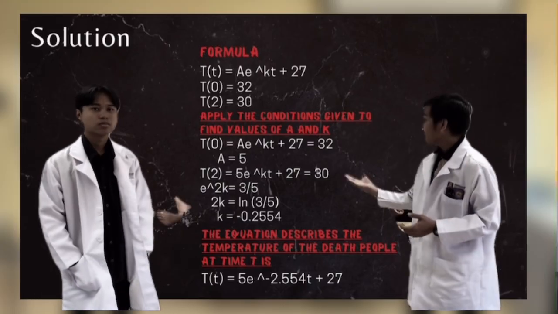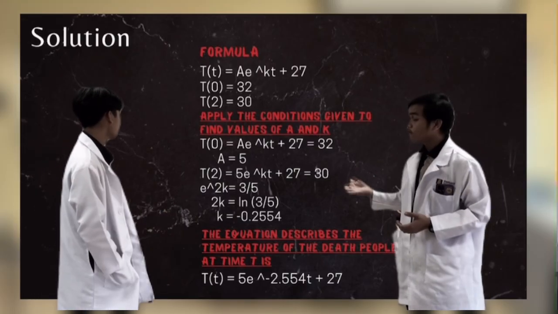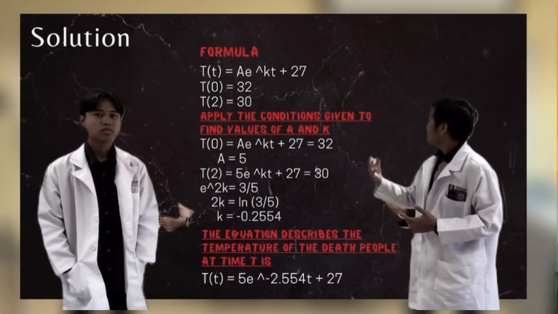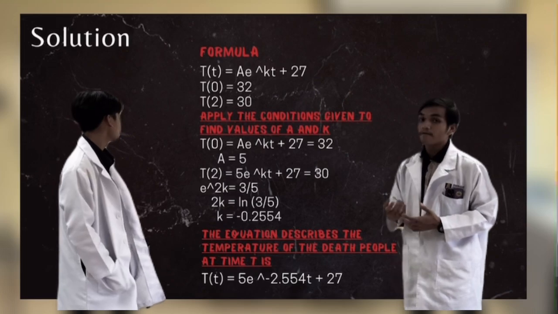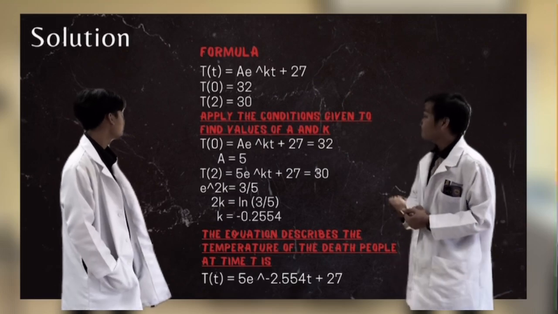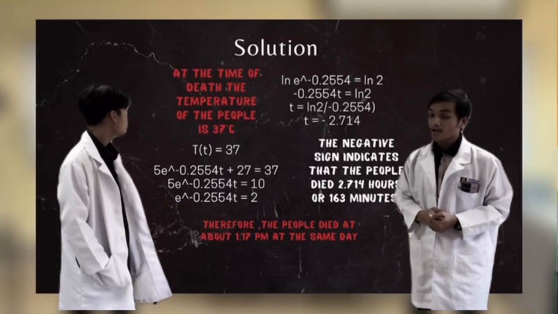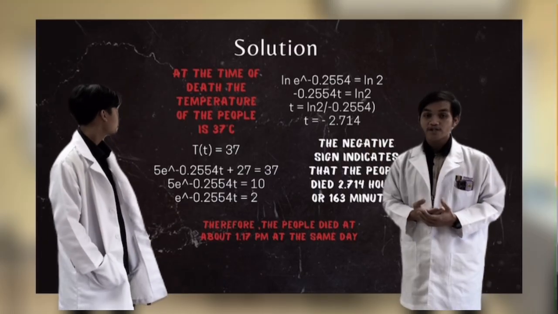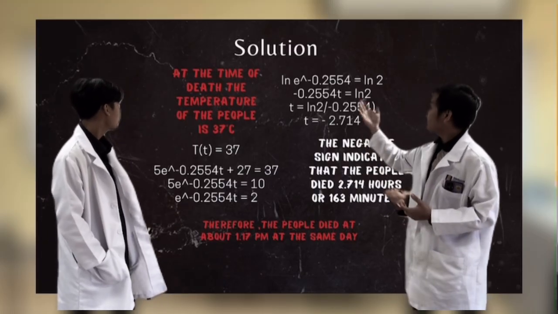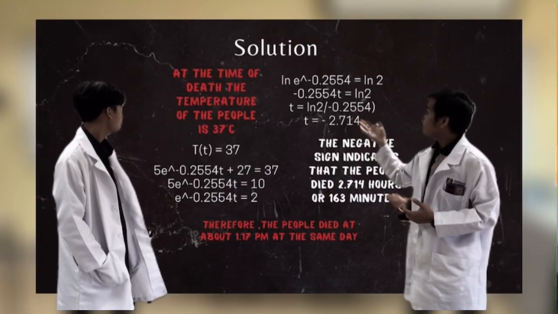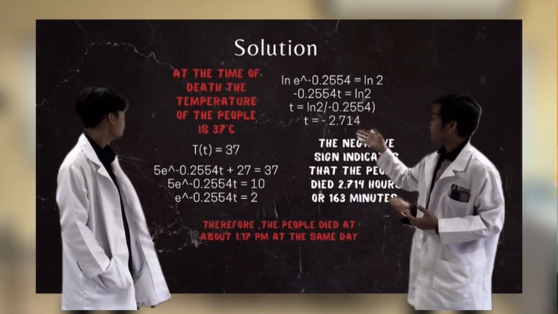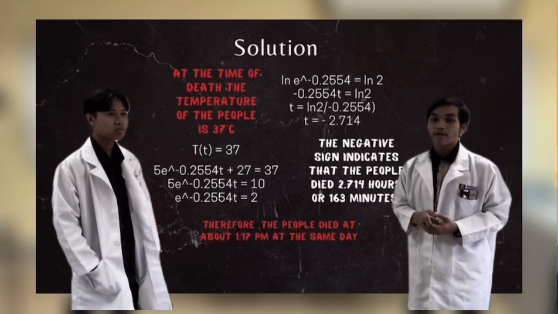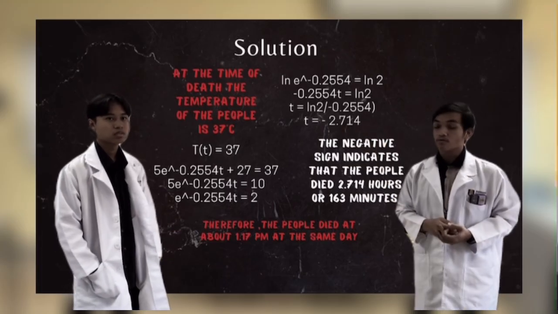After we find k, which is negative 0.2554, we substitute into the general equation, T equals 5 e to the power of negative 0.2554 t plus 37, where 37 is the normal temperature of the body. We substitute and get e to the power of negative 0.2554 t equal to 2.